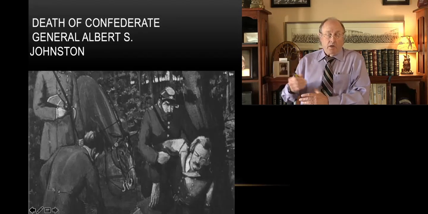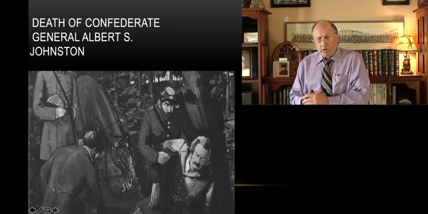Well, as we shall see, this is exactly what happens to Stonewall Jackson. Johnston had been shot in the leg, bled to death, largely because he had sent his personal physician to help wounded Yankee prisoners.